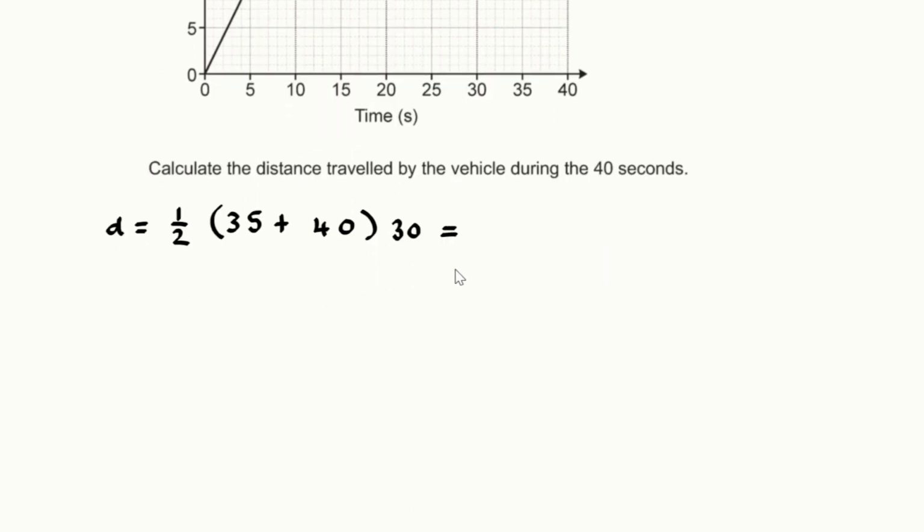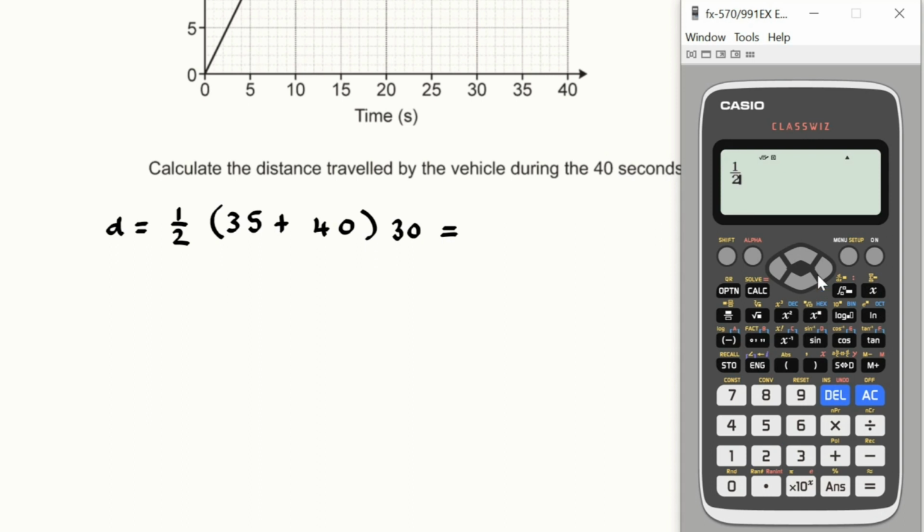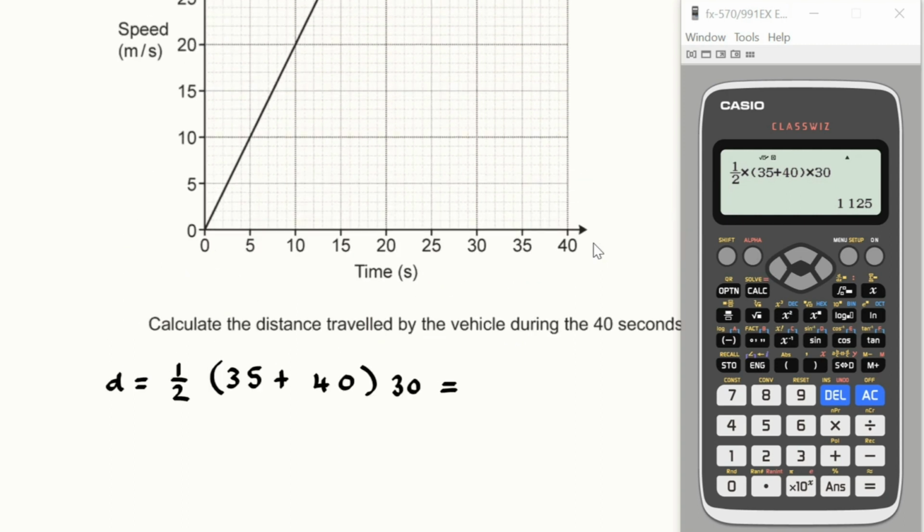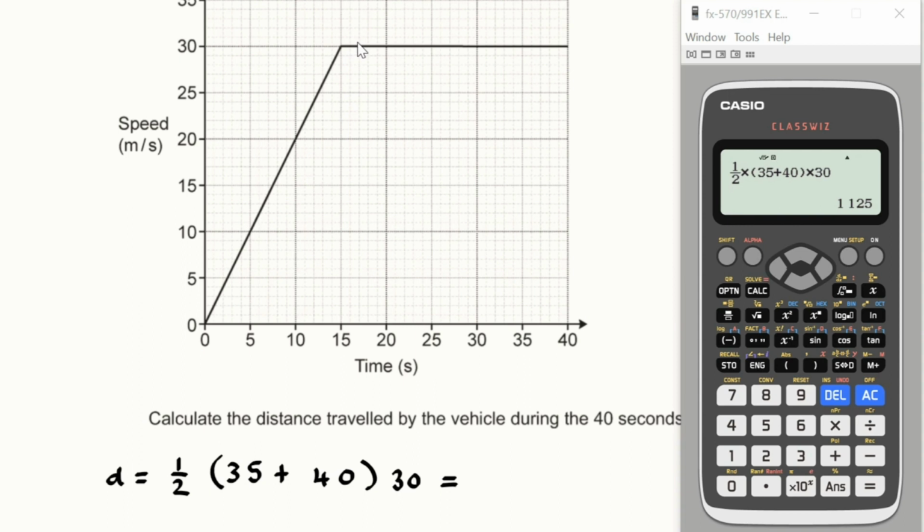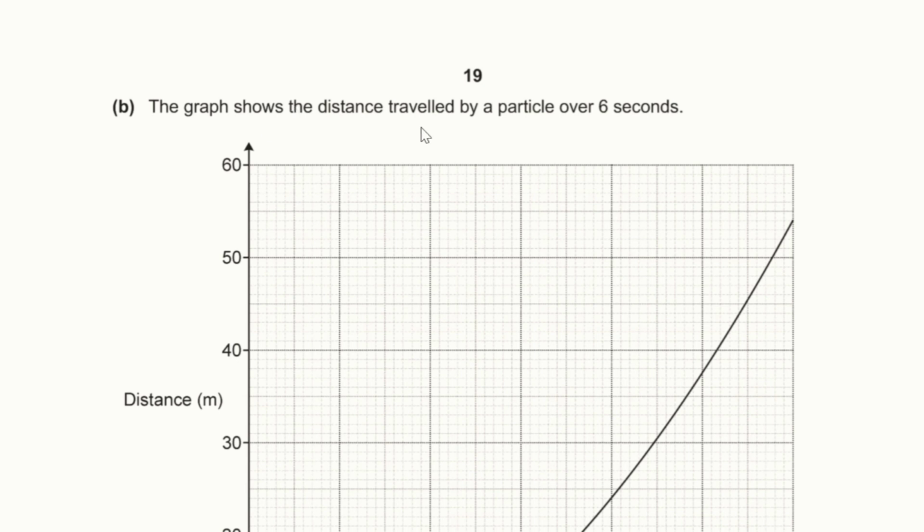So if I work this out, 1/2 multiplied by 35 plus 40 times by 30, it turns out the distance is 975 meters. So we have 975.